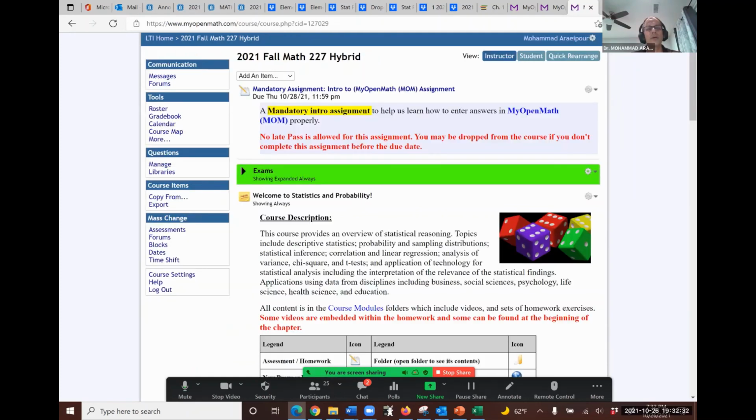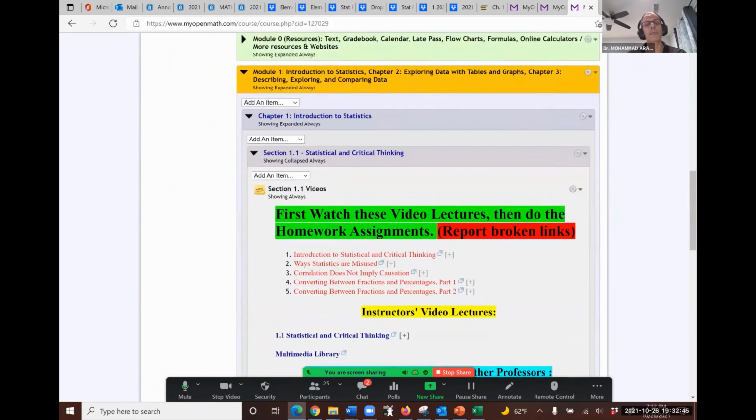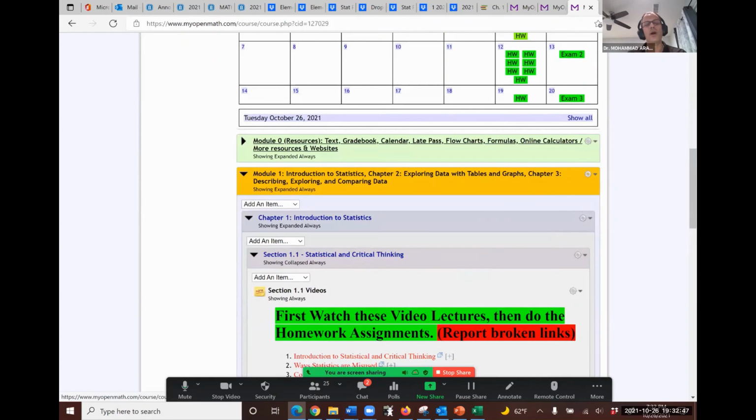So the synopsis of MyOpenMath: when you get there, the very first thing you do is your introductory assignment. Exams for now, ignore. The next thing you do under module 0, look at all that is available to you and see if you want to use any of them or none of them. And if a question comes up about late pass, calendar and so on, you can go back to module 0.